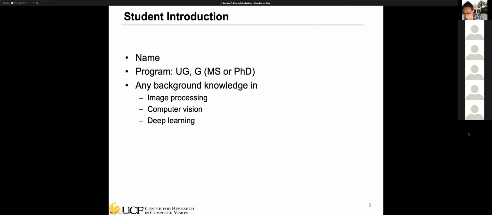Next, Nikhil. Yes, that's correct. My name is Nikhil Sridhar. I'm a junior in the computer science program right now. And I actually don't have any background knowledge in any of those topics as well, but I have a huge interest in all sorts of machine learning applications, especially when it comes to image processing.